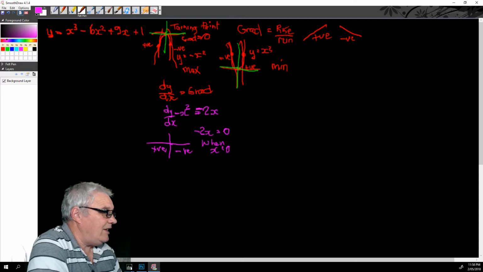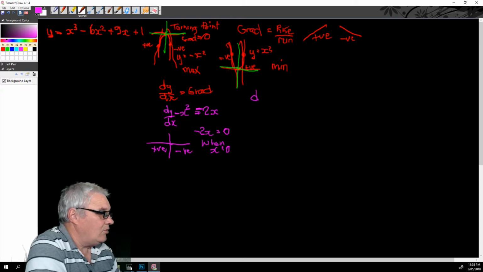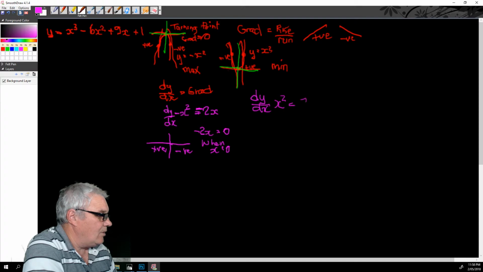Now this one here, dy by dx of x squared equals 2x. Remember, that's telling us the gradient.